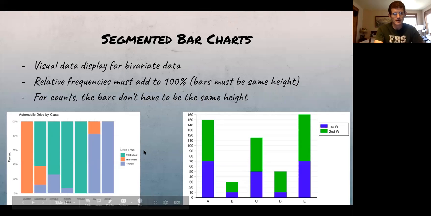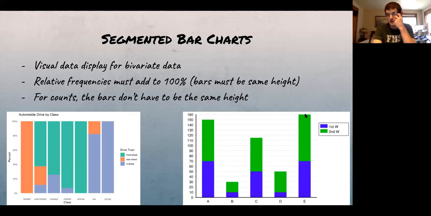You can see this is class of automobile versus drivetrain. Every car has some kind of drivetrain, so it has to be 100% at the end. Over here, I don't know what the data is, but it's counts. With counts, notice case B had far fewer cases than E, so these don't have to be the same height.